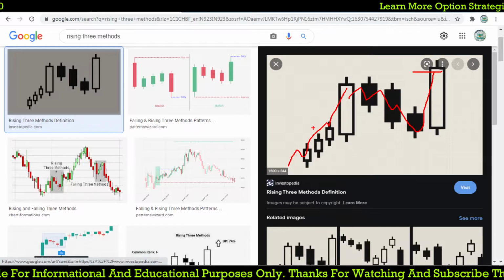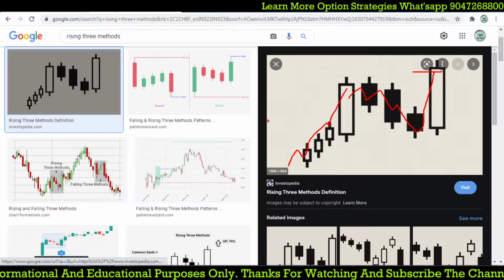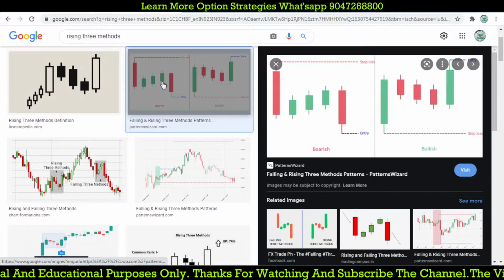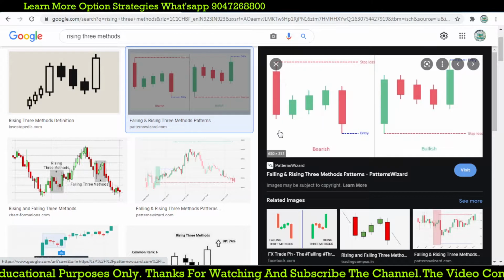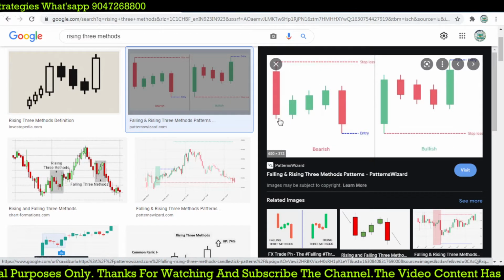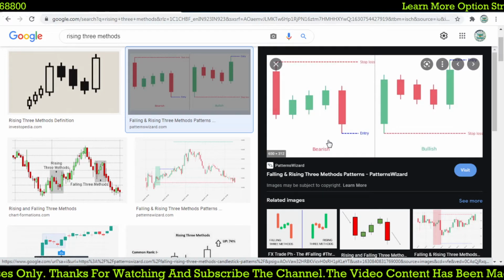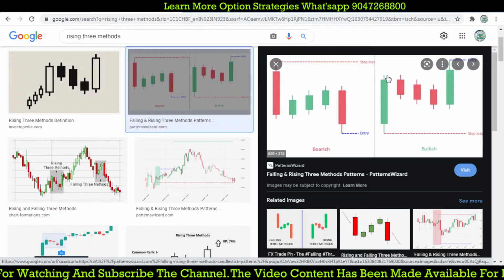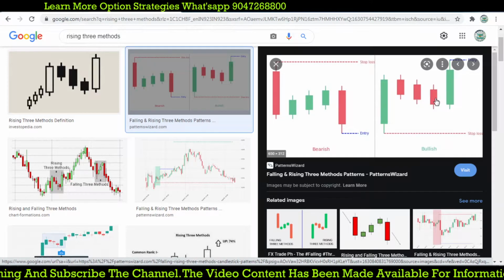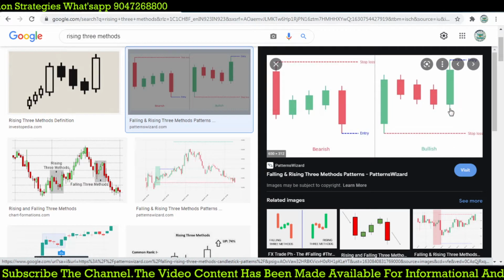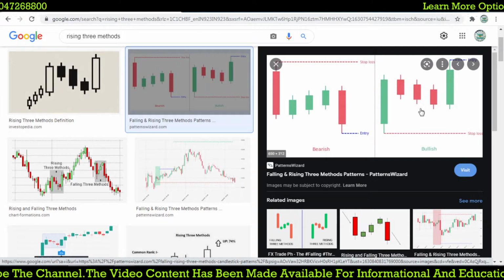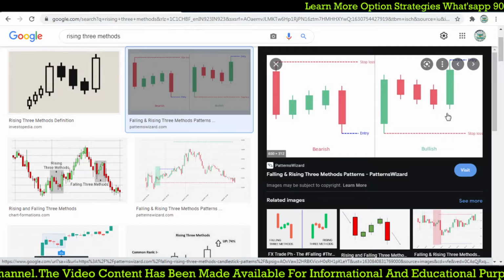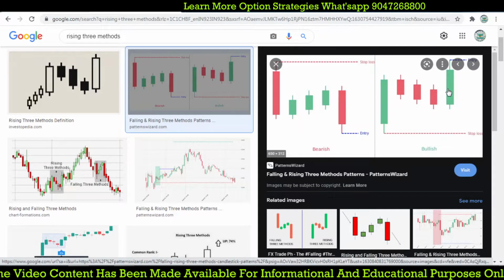So that is the main concept. Let's check some other images and see what they say. So here is a big red candle. This is for a bearish condition, the falling 3 method, and this is a bullish condition. Once a big green candle is followed by 3 small red candles, and the fourth day is a big green candle, we should buy above that fourth day candle.